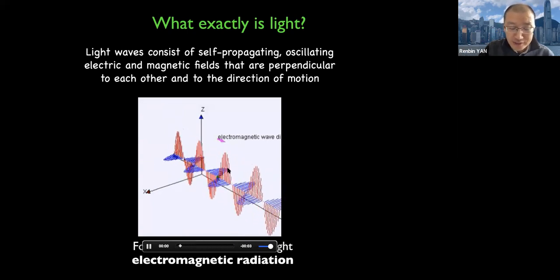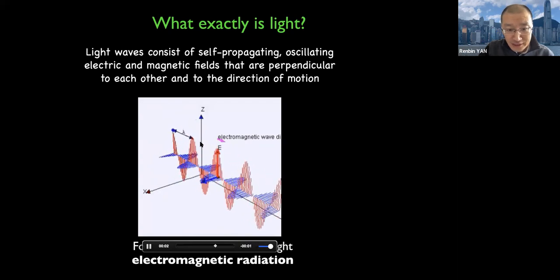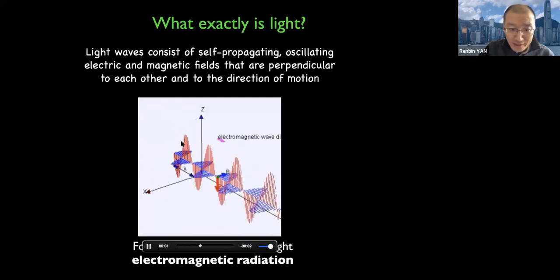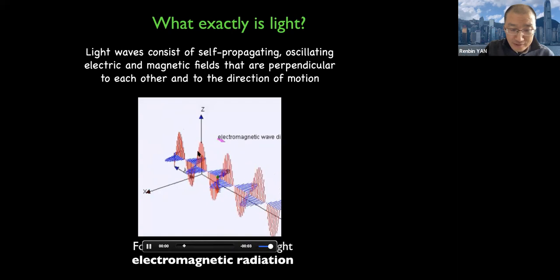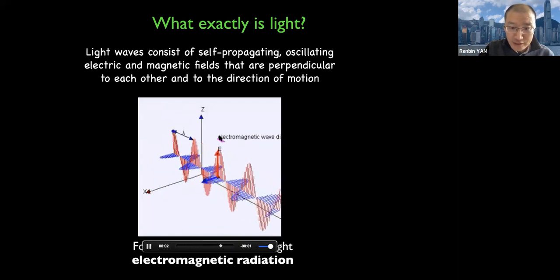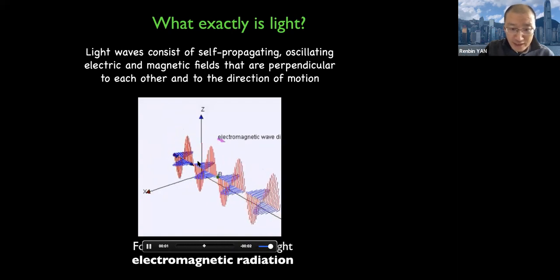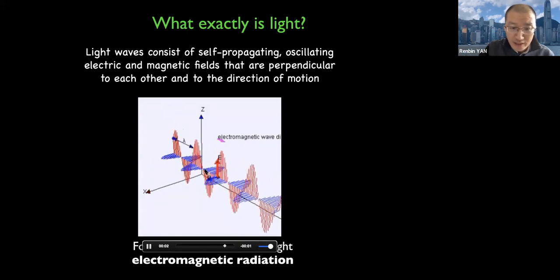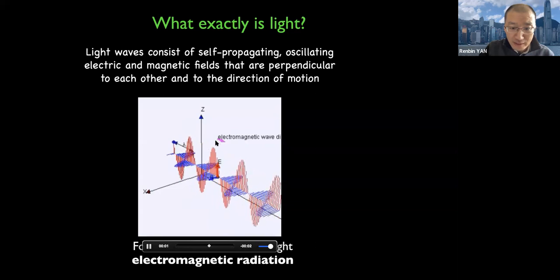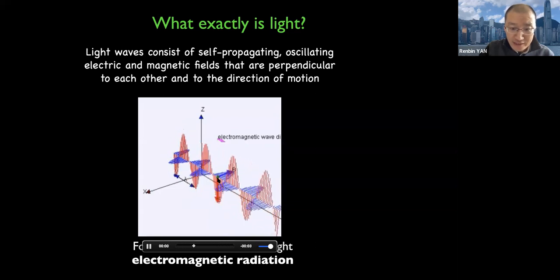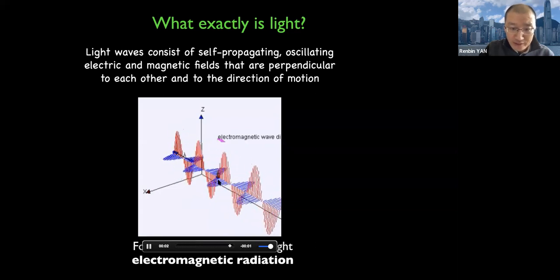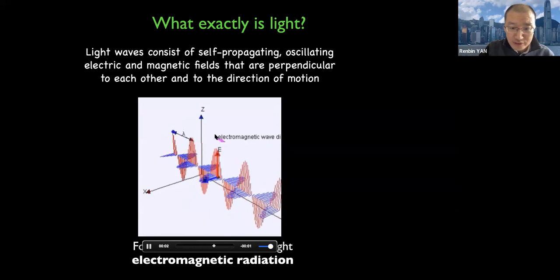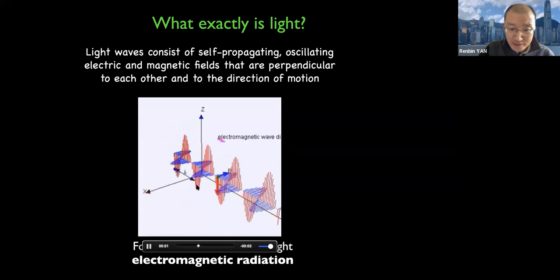In this animation, you can see the red wave pattern is telling you the electric field, and the blue wave pattern is telling you the magnetic field. Both the electric field and magnetic field at any location are going to vibrate. You can see the electric field is changing and the magnetic field is changing with it.